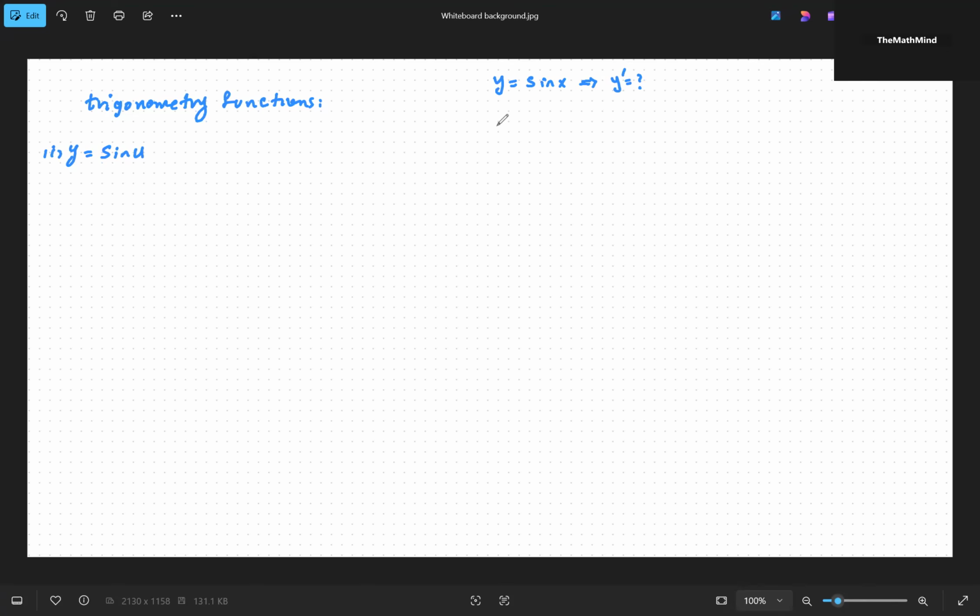I'm using the basic principal derivative formula, the limit of sine x plus h minus sine x divided by h when h is approaching 0.